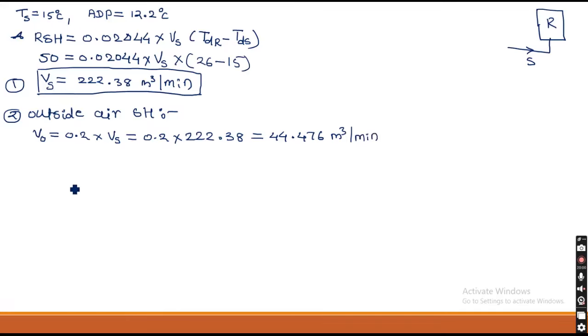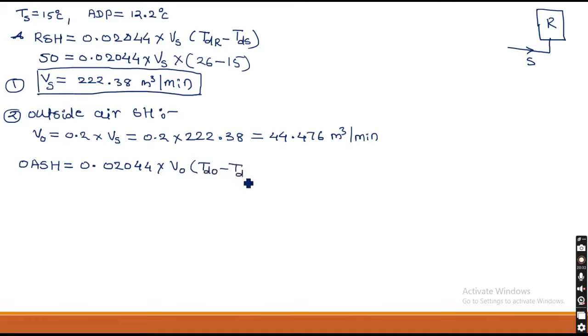So we have a formula for that: outside air sensible heat. In this formula we have 0.02044 multiplied by the volume flow rate of outside air, multiplied by the temperature difference between outside air and room temperature, so TDO minus TDR.